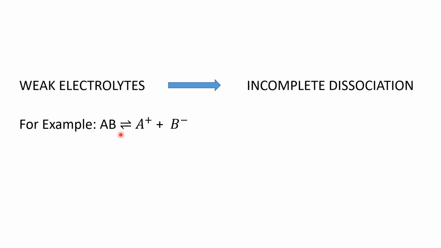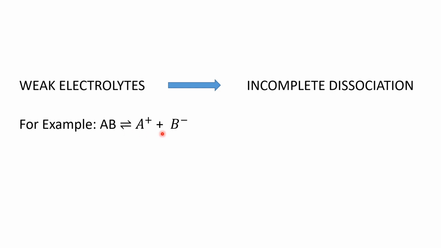As soon as AB dissociates into A+ and B-, they react again and follow a backward path to give the reactant AB again. This sign is known as the reversibility sign, which is used in a particular kind of reaction.